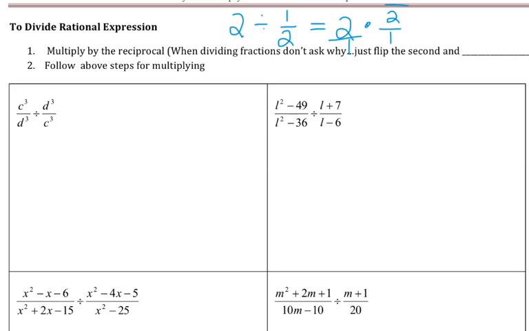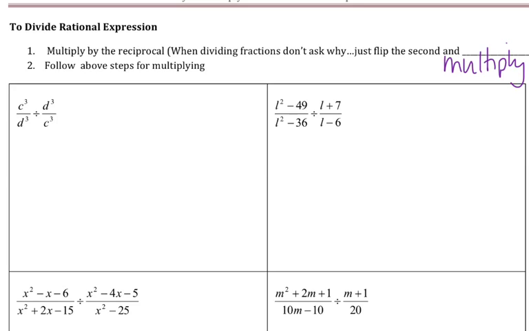We multiply the tops and we multiply the bottoms, or the denominators. So we get 4 for this. So one silly way to remember that is to multiply by the reciprocal. When dividing fractions, don't ask why. Just flip the second and multiply. So if that helps you, awesome.